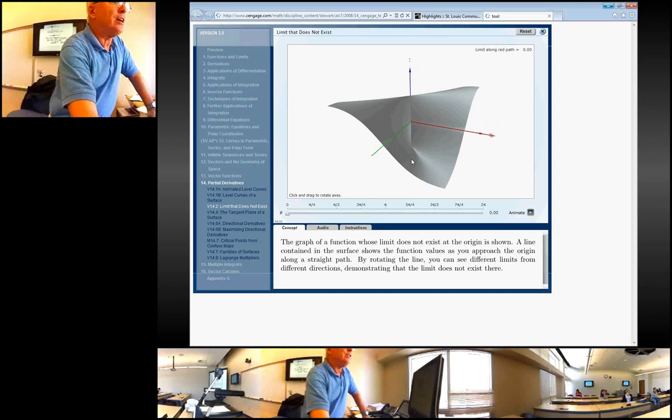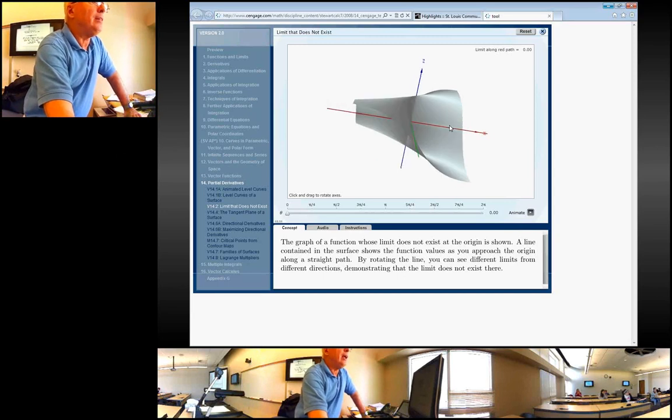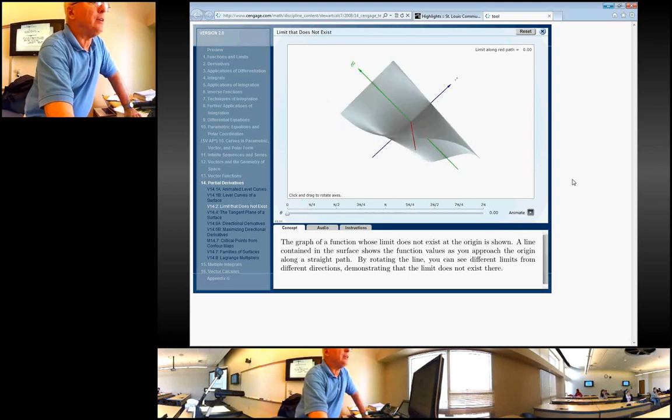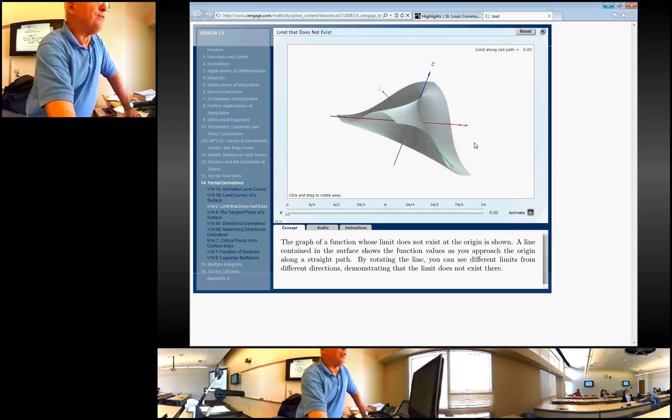You notice it kind of just crinkles a little bit right here, and this is right here at the origin, or this is the z-axis, this vertical blue line. And then if we go look on the other side, we have a similar kind of crimping of this function.